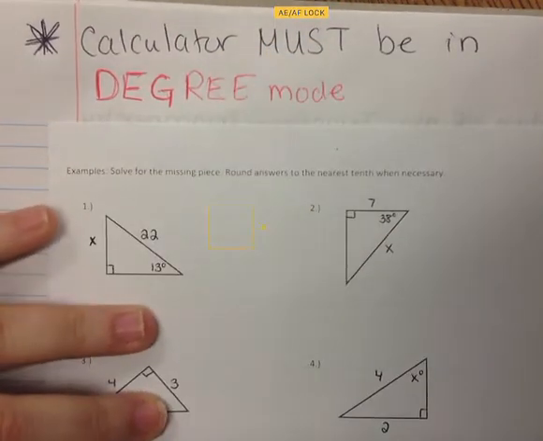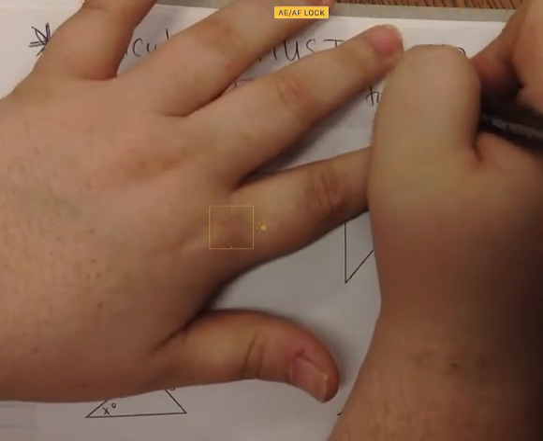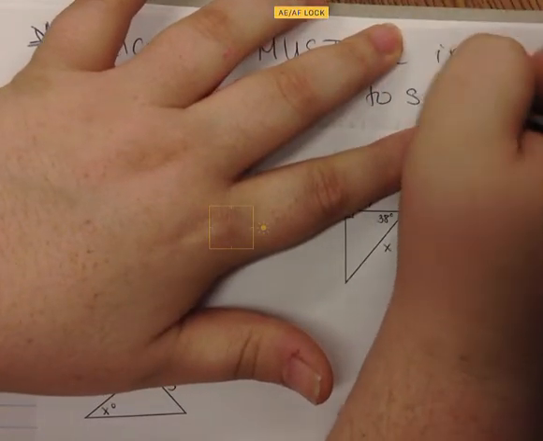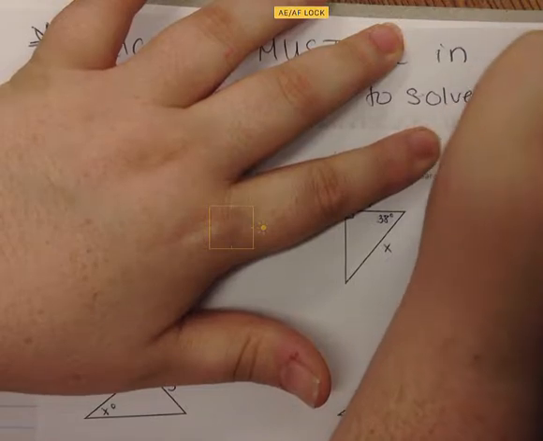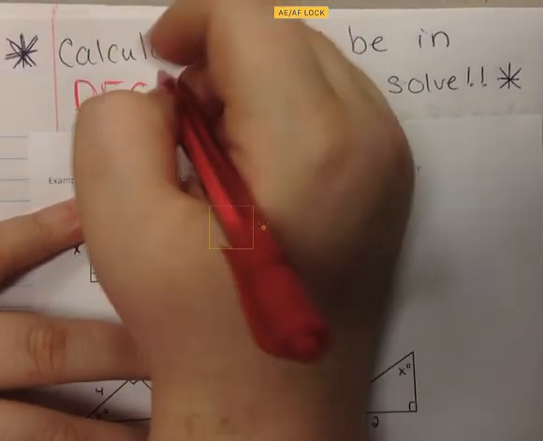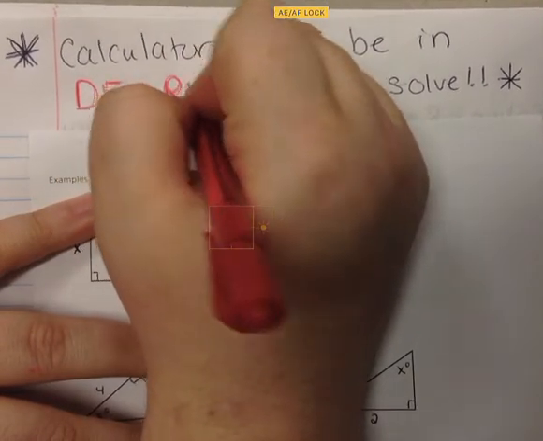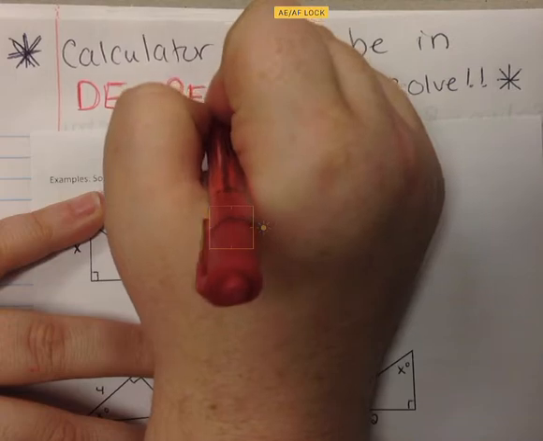Calculator must be in degree mode to solve. If it's not in degree mode, it will not give us correct answers. So it must be in degree mode to solve.